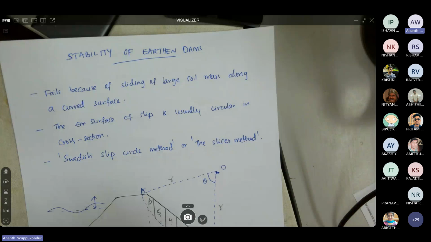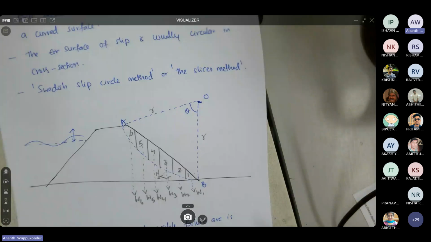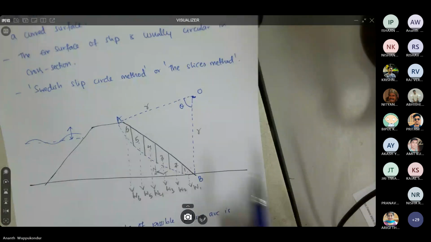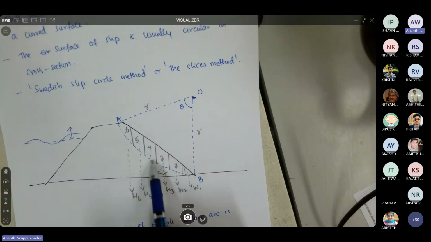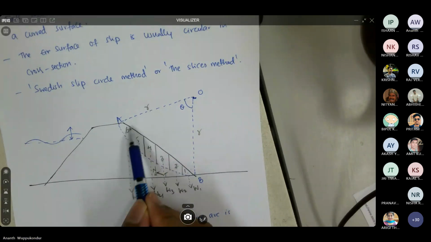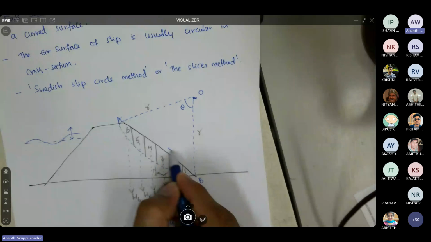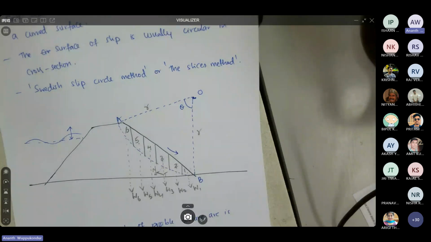For example, in this figure, we have the embankment as usual. What I'm considering is this mass, which is above this dotted blue line, has slid off. If this mass is sliding down, then the dam is unstable.